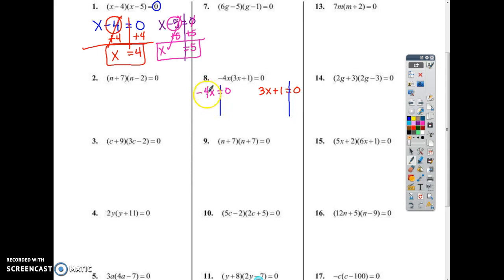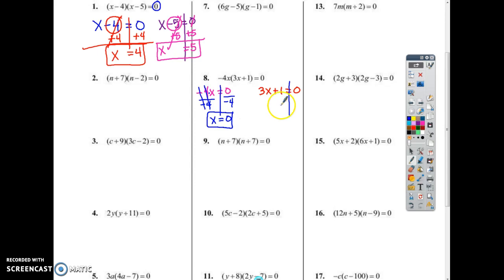In order to get rid of the negative 4, what do we do? No, we do not add a 4. You do not change the sign. This is multiplication. What's the opposite of multiplying? You divide. So you're going to divide both sides by negative 4. I did not change the signs. 0 divided by negative 4 is 0. 0 divided by anything is 0. So x equals 0.